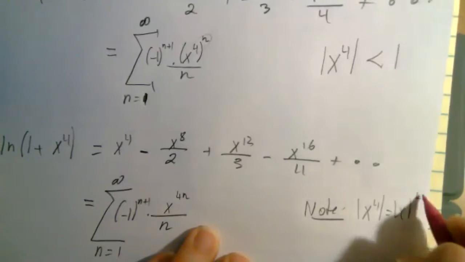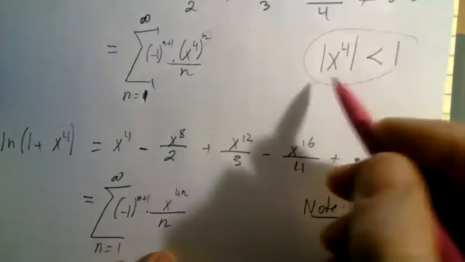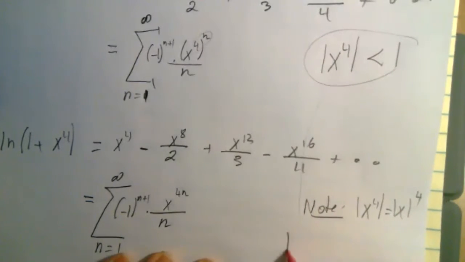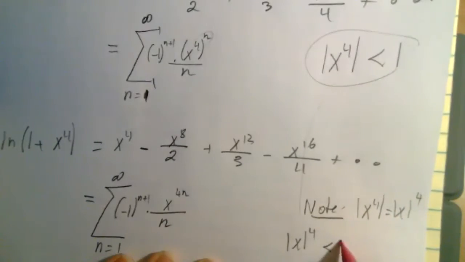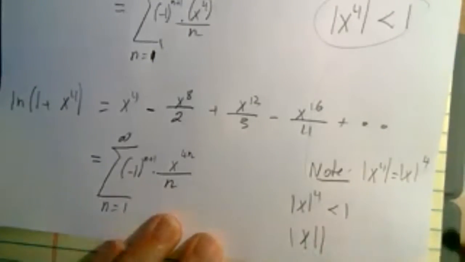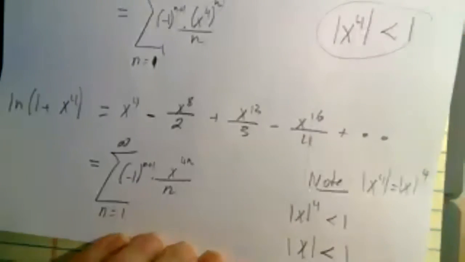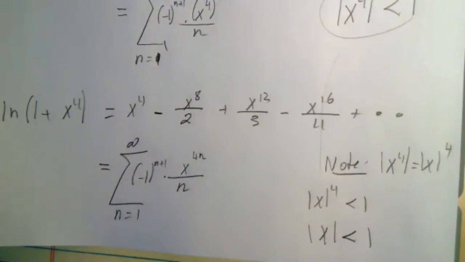I know we didn't prove that, we're just accepting it. So this condition becomes absolute x to the power 4 less than 1. It means the absolute x itself is less than 1. Okay? Any questions about that before I move on to the last problem from the homework?